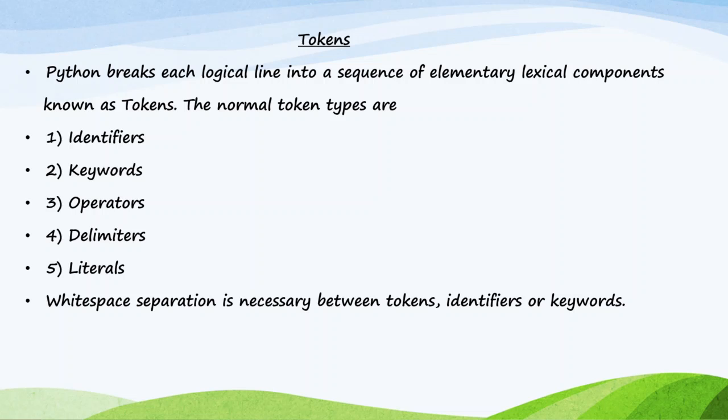Tokens are the basic unit of a statement. So, they can be divided into identifiers, keywords, operators, delimiters, and literals. All those things come in a statement. We have to separate them with white space.